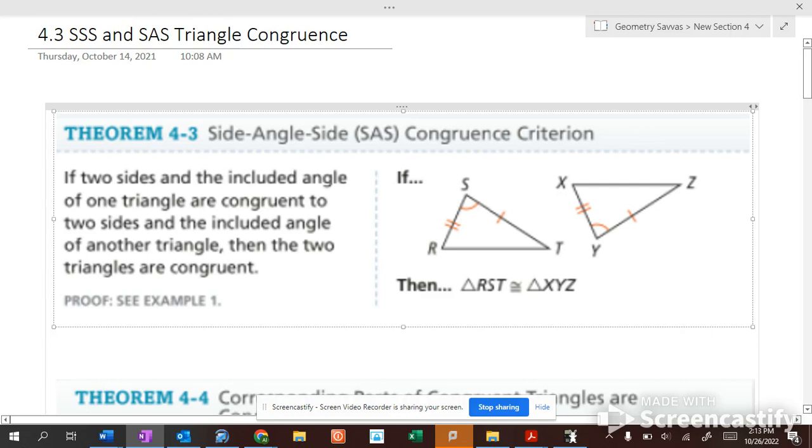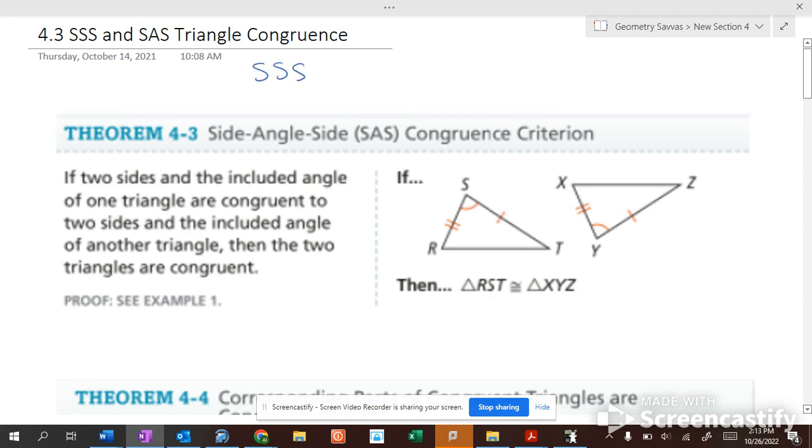Okay, so what we're going to start today is proving triangles congruent by certain parts of them. Different ways to prove triangles congruent are side, side, side; side, angle, side; angle, side, angle; angle, angle, side; and HL.